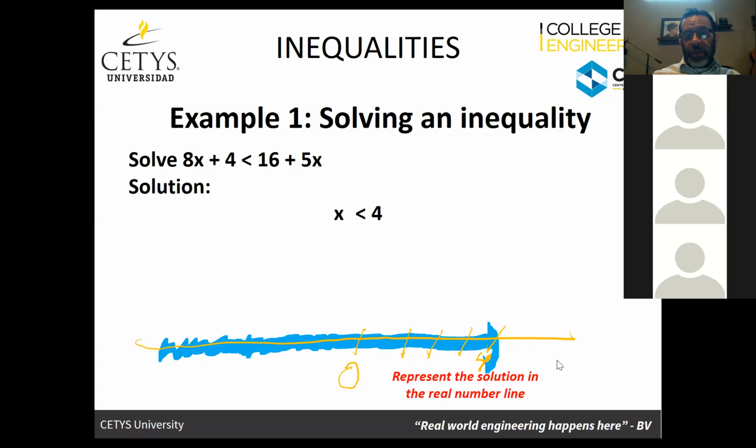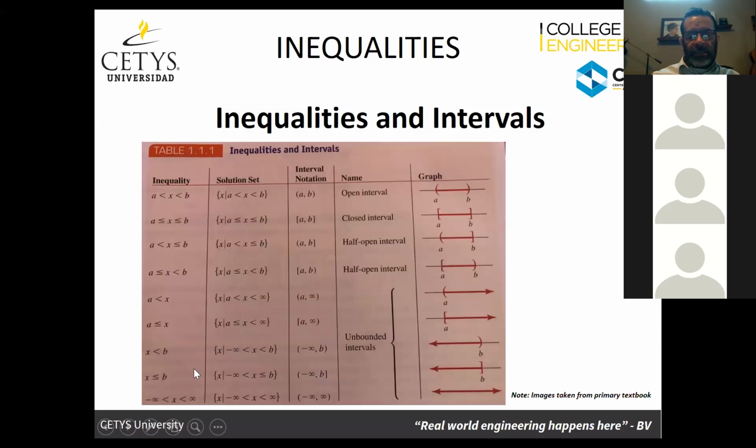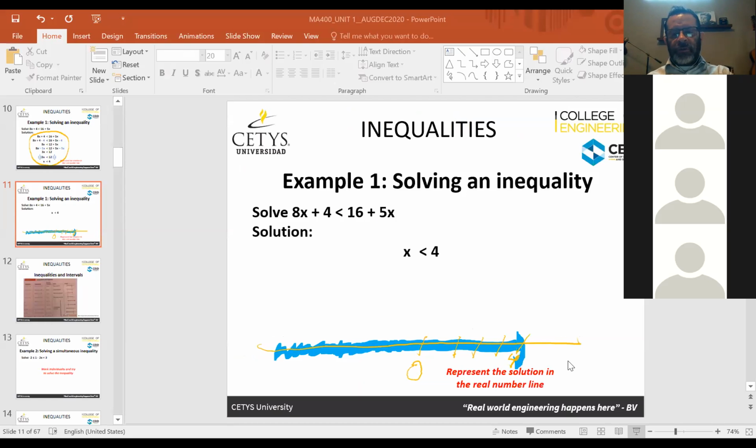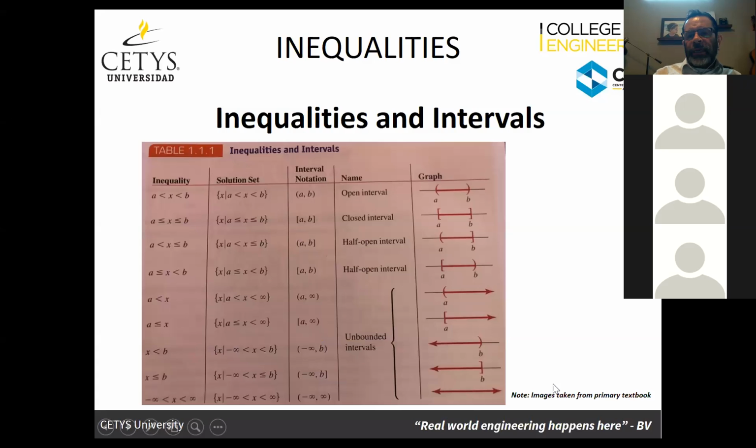And the other way in which we can represent this same solution is using an interval. And so there are different types of intervals that we can use. An open interval is one in which the relationship or the inequality is less than or greater than.